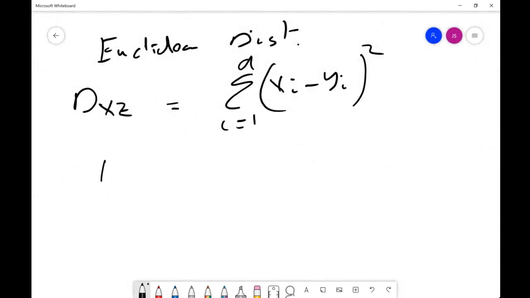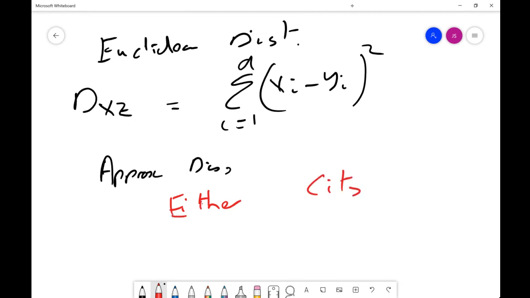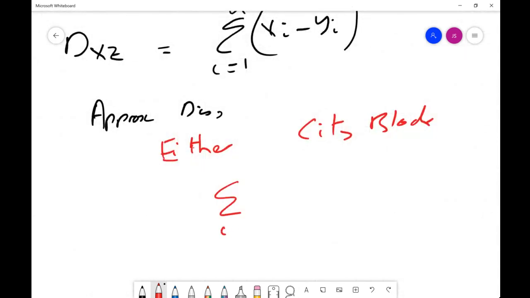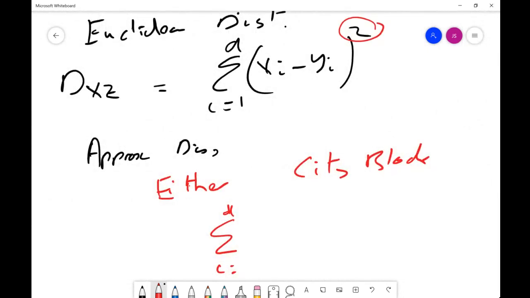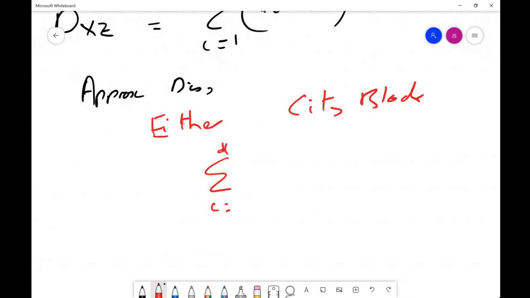And then we come to the approximate distances. We've now moved away from the texture classification to describing distance classifiers. And the approximate distance, you have a choice, either the city block, and the city block is the summation i equals 1 to d of, instead of squaring that occurs in the Euclidean, we take the modulus, and they're both monotonic, so they both will work.